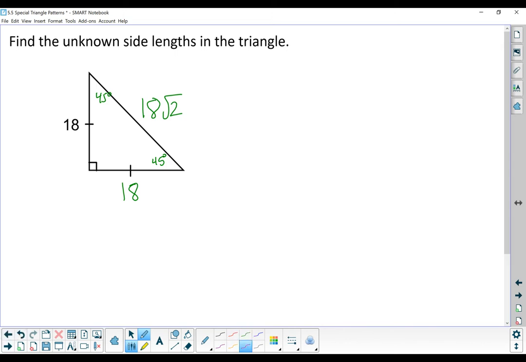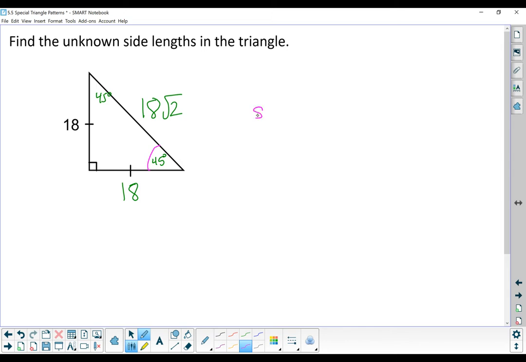You might be wondering, we've done all this right triangle SOHCAHTOA trig, couldn't I just use that? And the answer is absolutely yes. Instead of just memorizing this special right triangle pattern, you could have always set up a ratio.